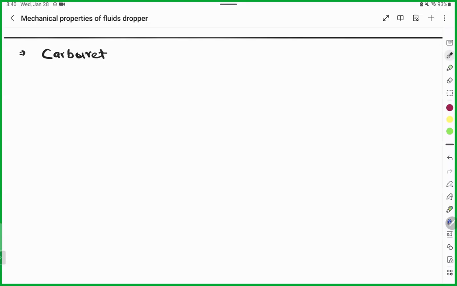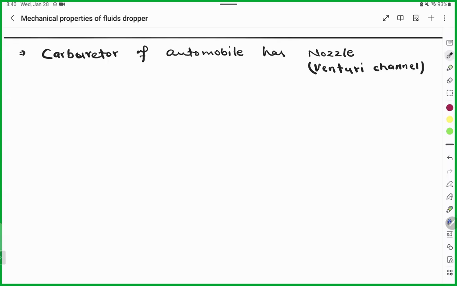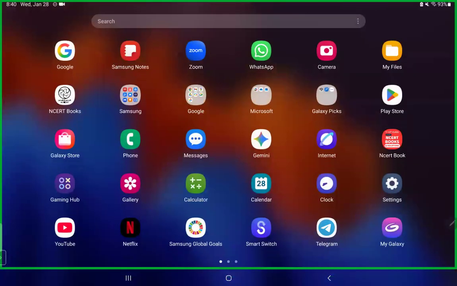I'll show you in the diagram also. It has a nozzle, and the same nozzle is known as the Venturi channel. Have you seen this, guys? Yes, sir. It's that part of the engine where the air and the fuel mix so that it combusts to form energy. Yes, I will show you.